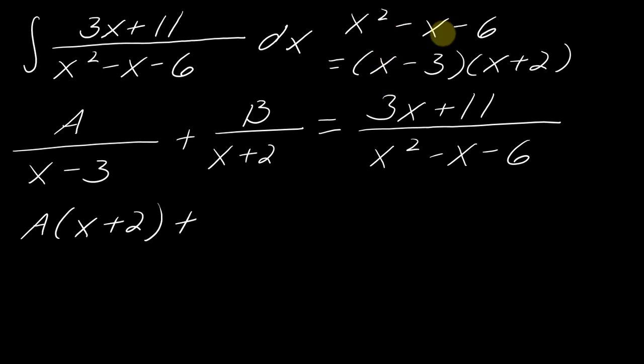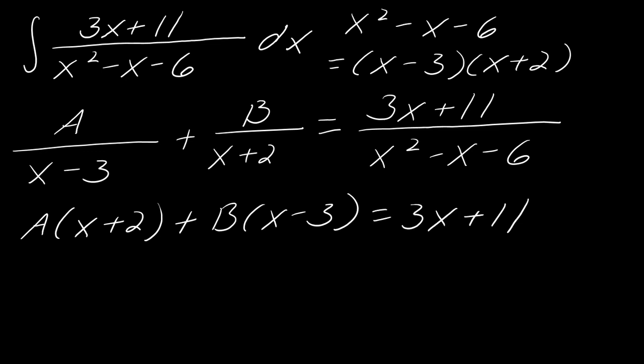Then when I multiply this B over x plus 2, the x plus 2's drop out, and I'm just left with x minus 3. So this becomes B times x minus 3. And when I multiply the fraction on the other side by this denominator, the whole denominator drops out, and I'm left with 3x plus 11.